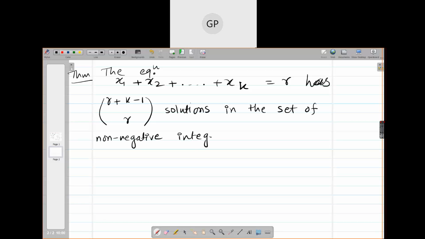Please remember, non-negative integers means the set of integers along with 0. Sometimes this set is written as Z plus union 0. Z plus means positive integers union 0. Okay. This is how we write it notation-wise. Now proof.